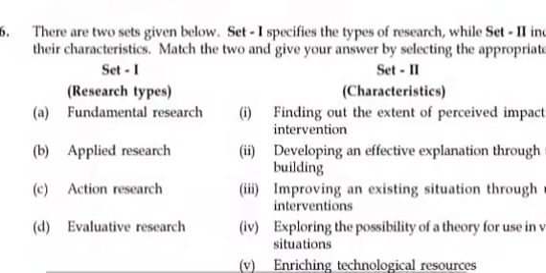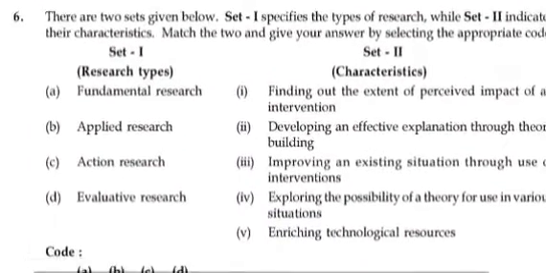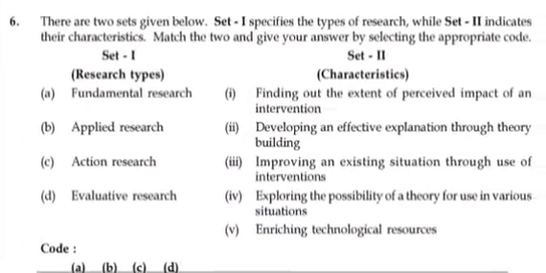Number 6 says, there are two sets given below. In set 1, it specifies the types of research, while in set 2, it indicates their characteristics. Now match the two and give your answer by selecting the appropriate code. Let me first read set 1, that is research types: fundamental research, applied research, action research, evaluative research.